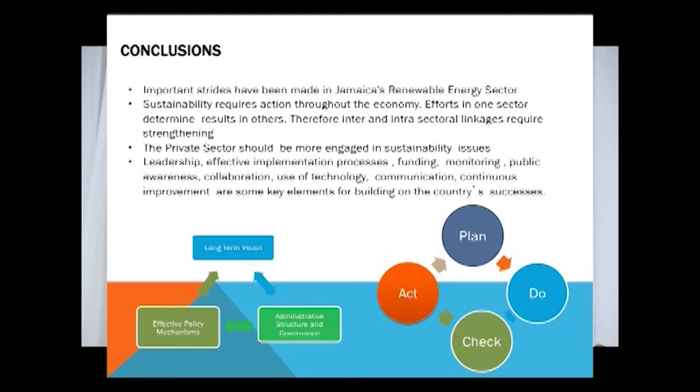And so I believe that inter- and intra-sectoral linkages need to be strengthened significantly. I would really love to see the private sector more engaged in sustainability issues because not only does it affect our trade, but it affects corporate reputation and the long-term view of their viability and feasibility.